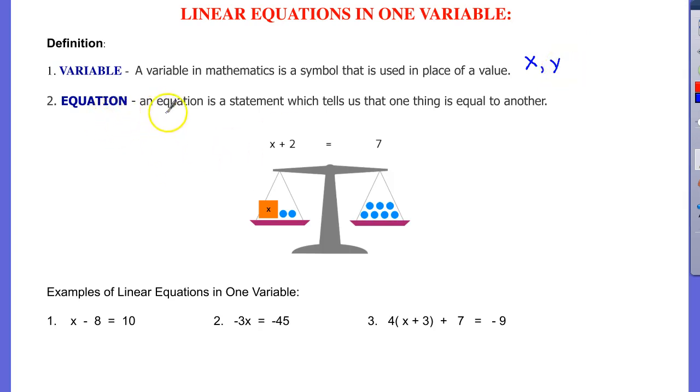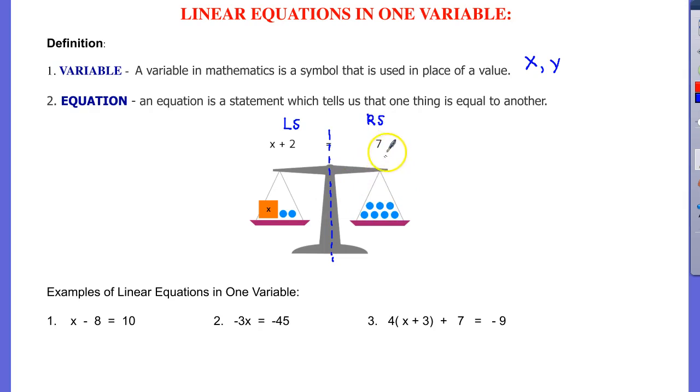An equation. An equation is a statement which tells us that one thing is equal to the other. So basically, an equation is when you have an expression equal to another expression. So when you have the equal sign, you have an equation, and the equal sign serves like a wall that separates your equation into two sides, the left side and the right side.